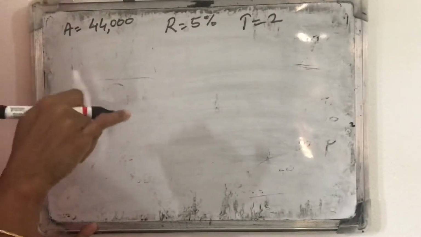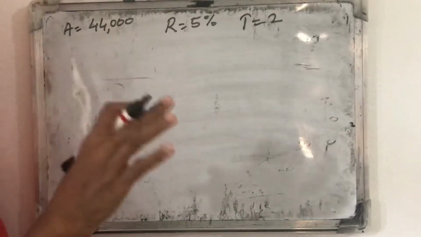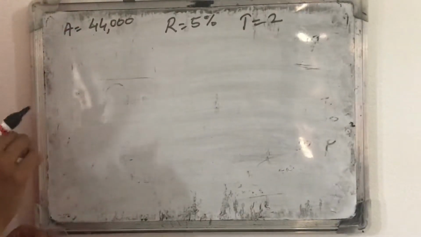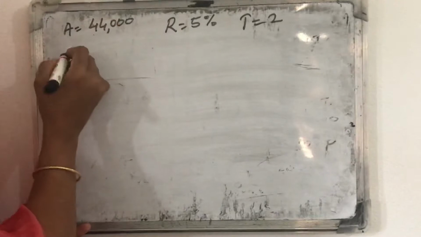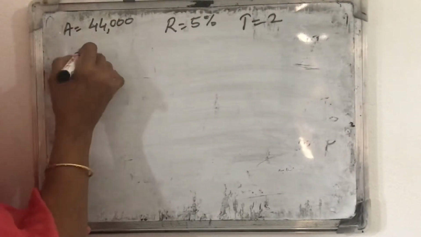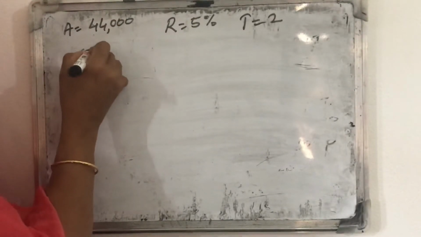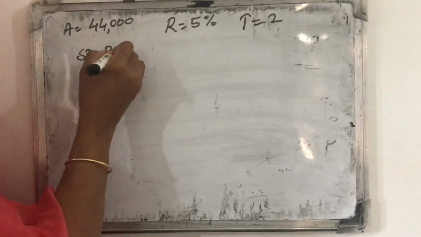For finding amount, we want to know what is the principal. So first we are finding principal from the same equation we discussed in the last question. That is simple interest we know PRT by 100.